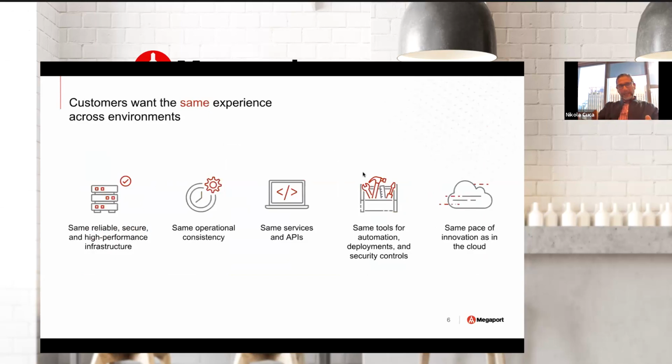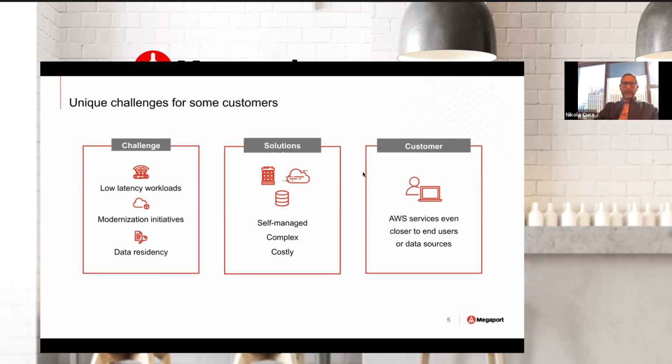Today, I will touch base over three questions. One is, what are some of the challenges that AWS local zones can help customers with? Two, a high-level overview of what local zones are. And the third one is, where do we have local zones at the moment across Australia and New Zealand?